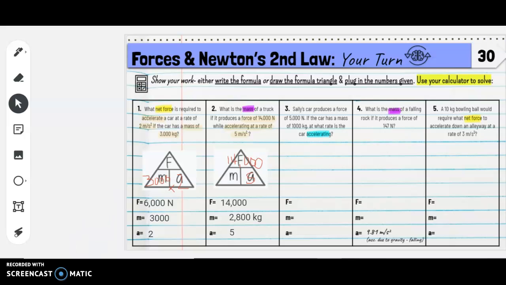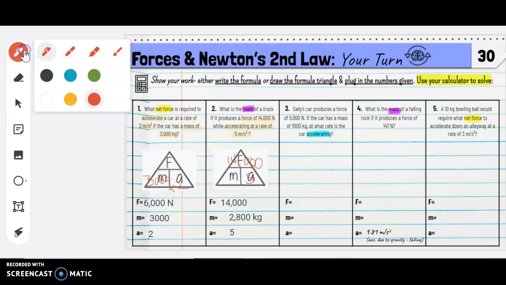We'll do one more together, then you can try the last two and check. So looking at number 3, it says Sally's car produces a force of 5,000 newtons. If the car has a mass of 1,000, at what rate is the car accelerating?